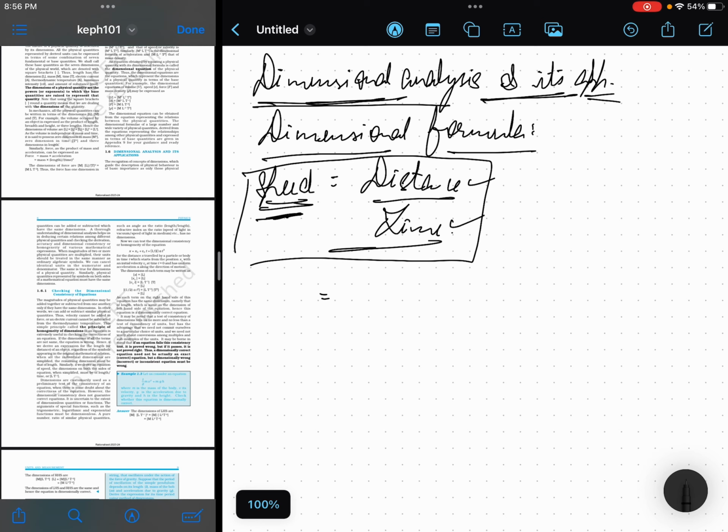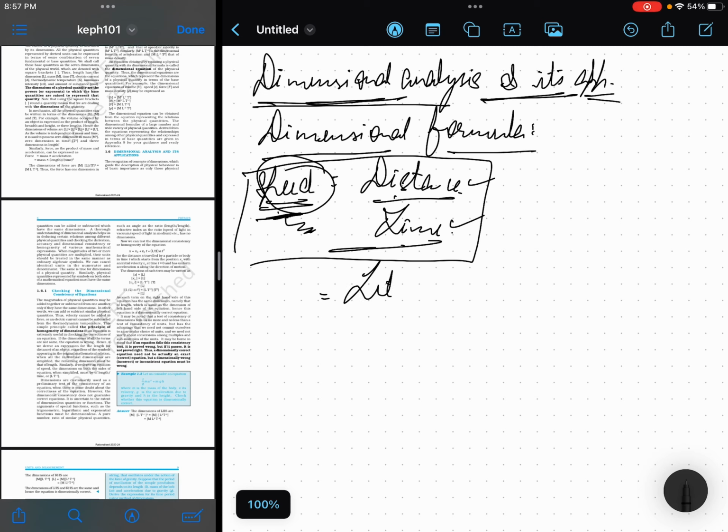So we can say that speed is a physical quantity, and it is written in the form of two basic quantities, distance and time. Speed can be broken into distance and time, but you cannot break distance and time further. So the dimensional formula of speed will be written in the format of distance and time.